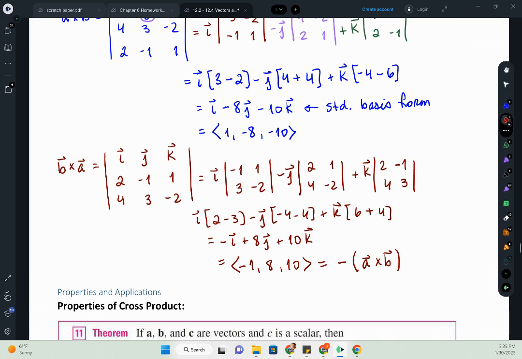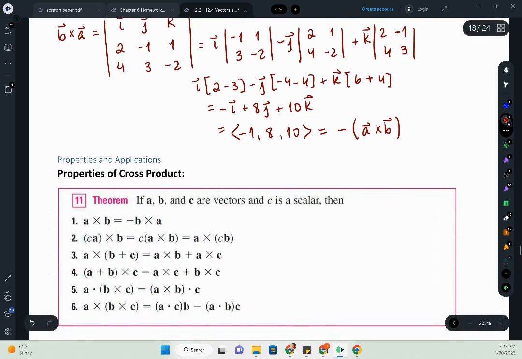And that leads us directly into the first property of the cross product. Now, I like to talk about the second property first, because the second property tells you that if you have a constant that's multiplied by one of the vectors and you're going to do a cross product, then that constant can go with either the first vector or the second vector, or outside in front and wait for the cross product to happen.